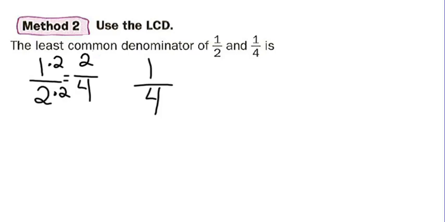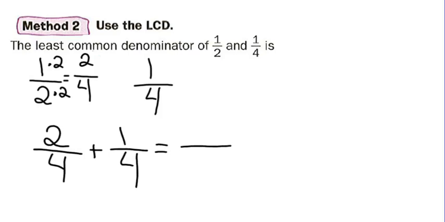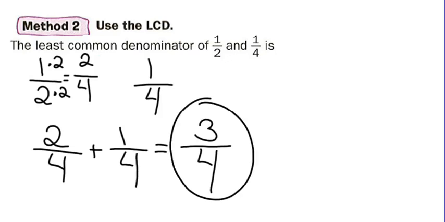So 1/2 is exactly the same thing as 2/4. They are the same exact value, just represented by different denominators. Now that these are like fractions, I can easily add them together. I simply add their numerators, 2 and 1, and that gives me that same answer I had above of 3/4.